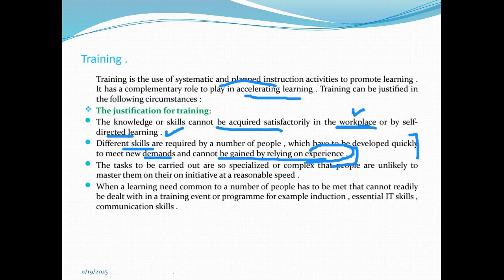The tasks to be carried out are so specialized and complex that people are unlikely to master them at their own intuitive and reasonable speed. So that's why we need to give training.